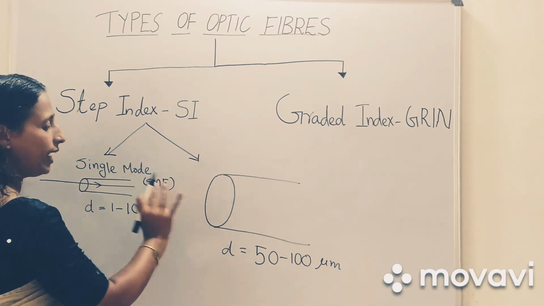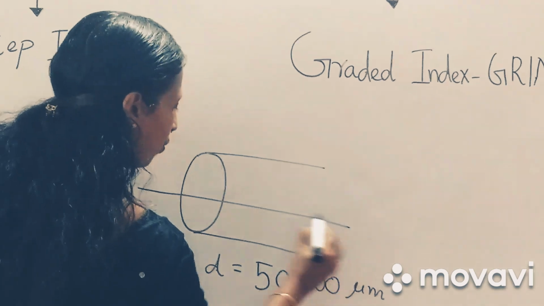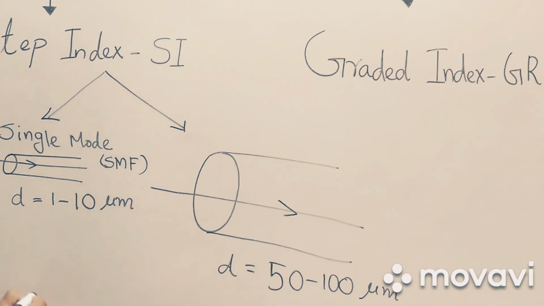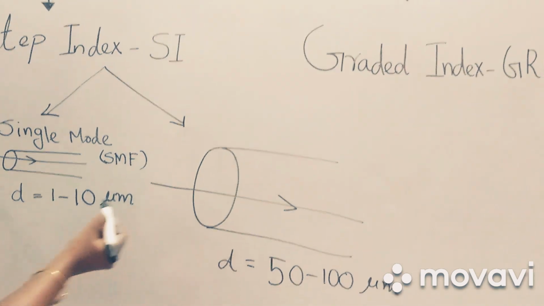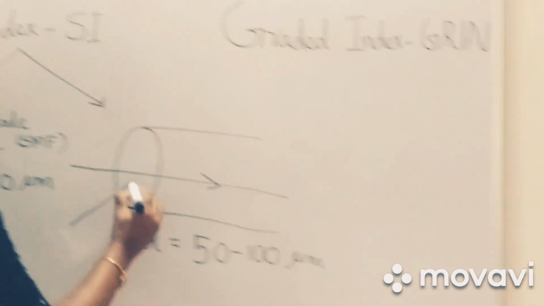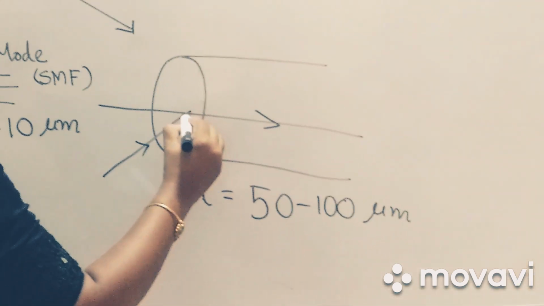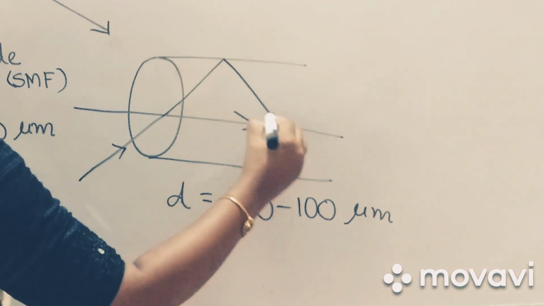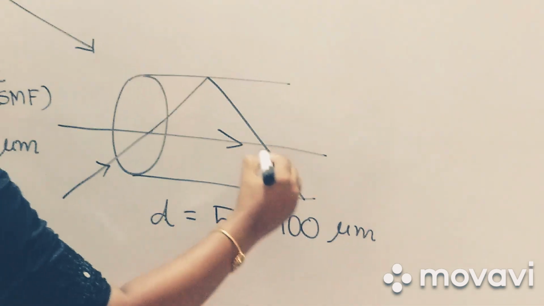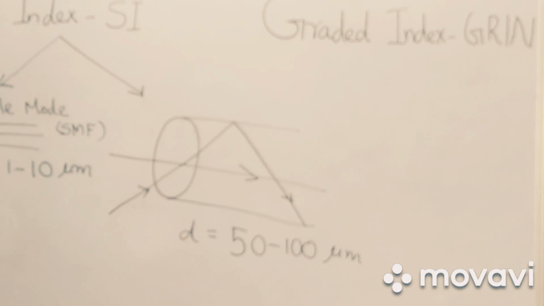Here, if we feed light into this fiber, some light rays follow a straight line path. These rays are passing through the axial region of the fiber. Consider another light ray that strikes obliquely like this. After refraction and total internal reflection, this light ray follows a path like this.